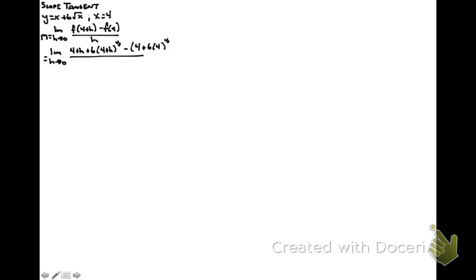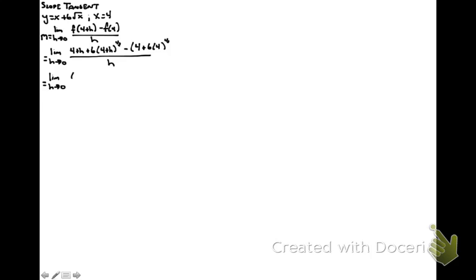This is all over h. Right, so already we can see this is a mess. And I would hate to have to continue to do this longhand, which is why the next section becomes really important. We simplify this a little bit and clean it up.